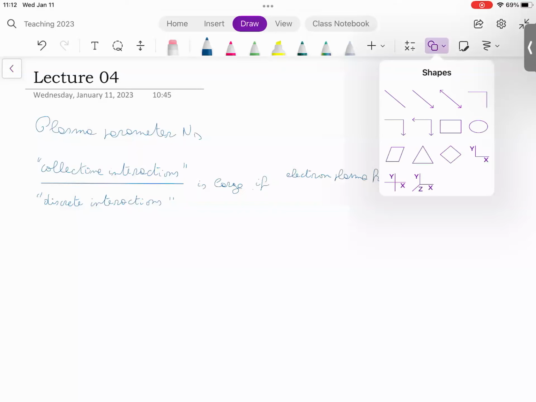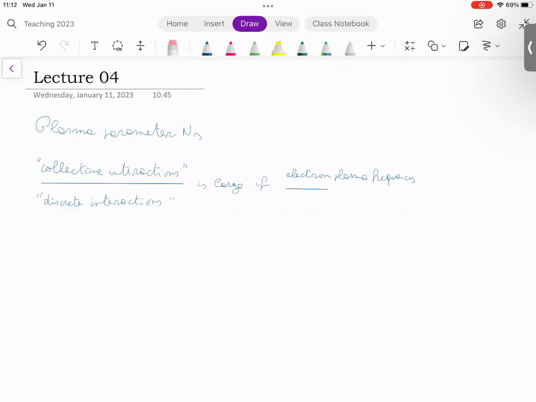Electron plasma frequency over electron-ion collision frequency is large. So these two ratios go together.